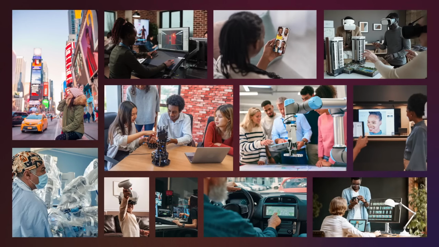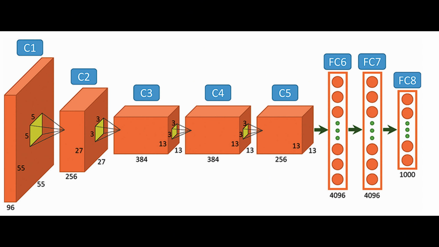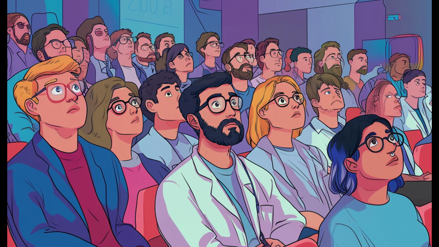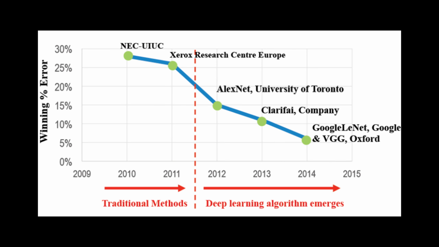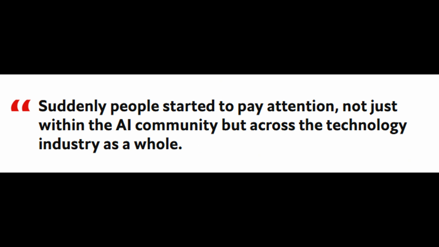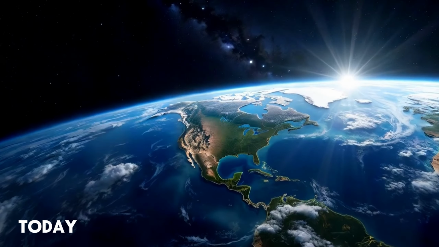She created a database with 14 million images annotated by persons. With a convolutional neural network called AlexNet, Hinton and Sutskever achieved an 84.7% success rate. According to The Economist, suddenly people started to pay attention, not just within the AI community but across the technology industry as a whole.